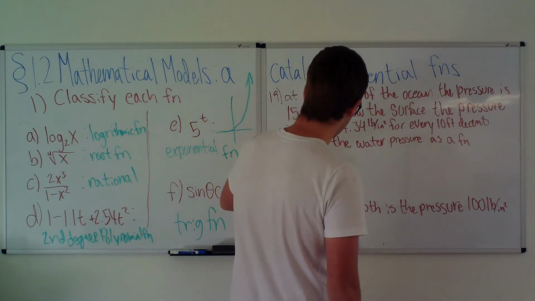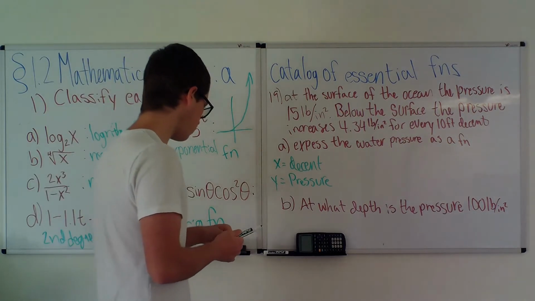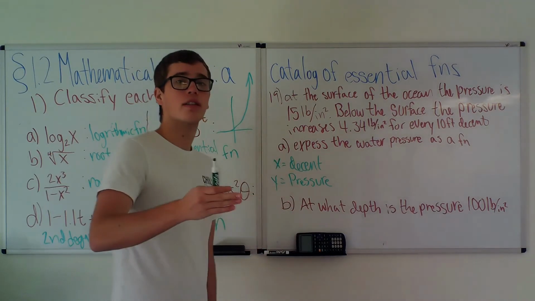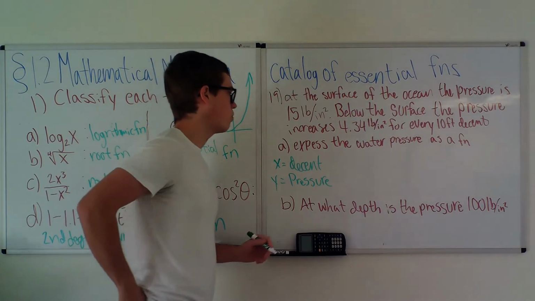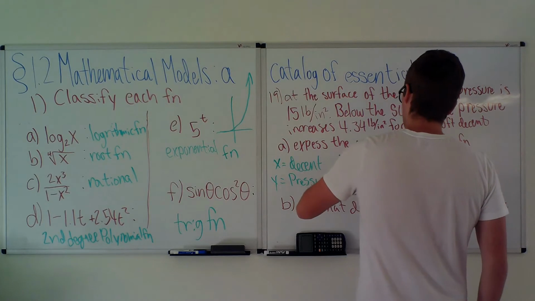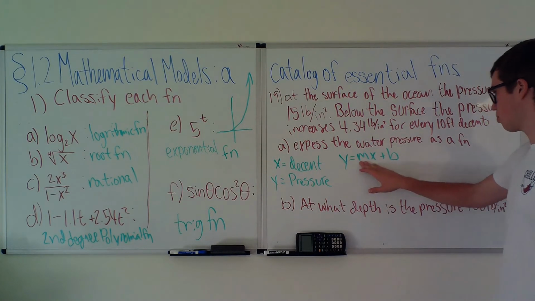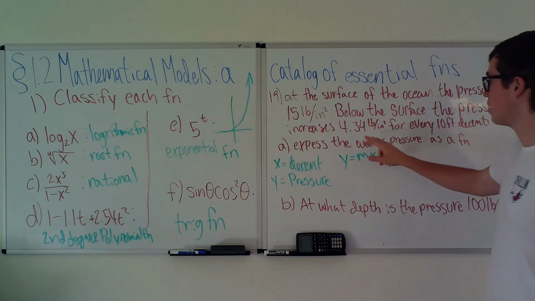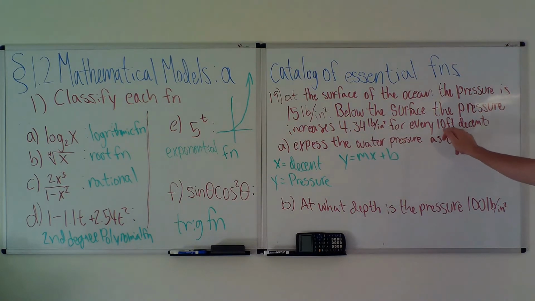Now we have to make a function. It's going to be a linear function because it's just a line. As descent increases, pressure increases linearly. So we have our fancy little line equation, y equals mx plus b. First let's get the slope. We know pressure, our rise, increases 4.34 for every 10 feet of descent.